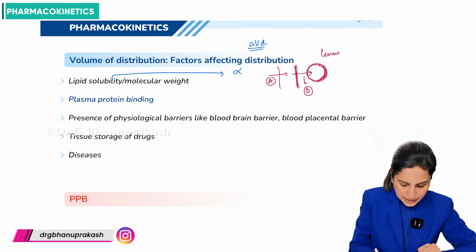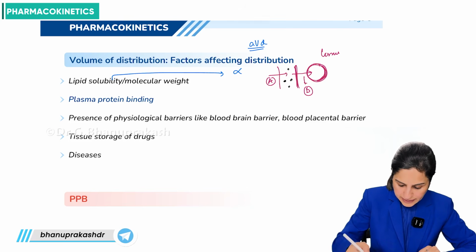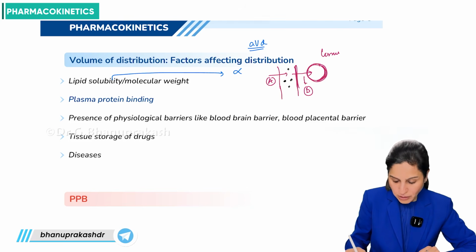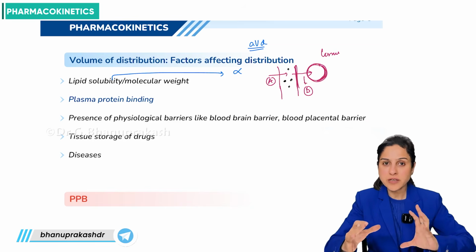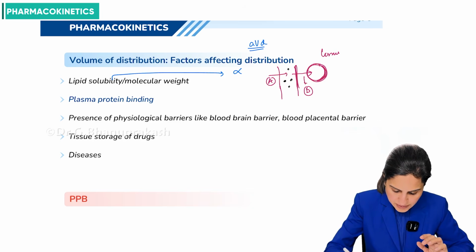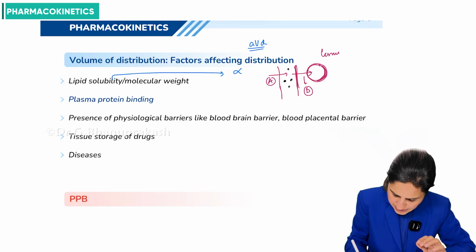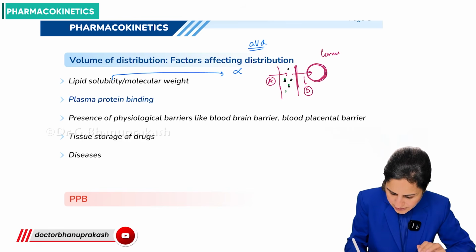Plasma protein binding. So plasma proteins are the proteins which are present here in the blood, right? So they are present in the blood itself. So what happens is that some drugs, they get bound to the plasma proteins while the others are free, like some molecules of the drug are bound and the other molecules are free. So for example, we have given a drug, and some drugs are bound to the plasma proteins and others are lying free here.